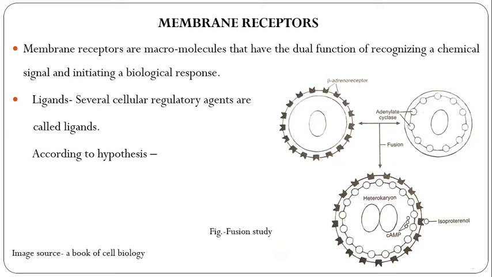The cell having the beta adrenoreceptor in its membrane was fused with another cell containing only adenylate cyclase, and the two membranes fused together give heterokaryons, with isoproterenol added and cyclic AMP produced.